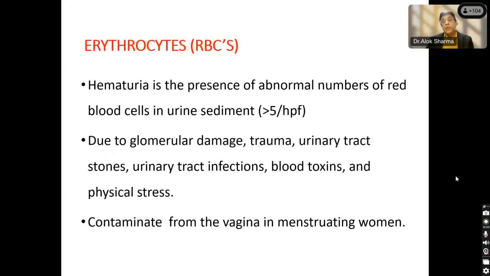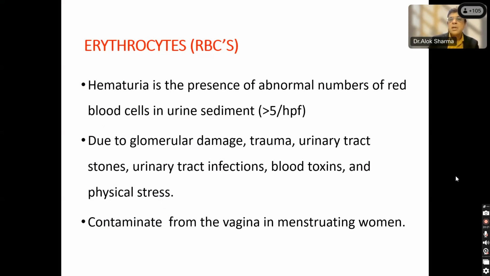Now, erythrocytes, the detection and analysis of RBCs is perhaps one of the most important parts of doing a urine examination. Many times, it's not just the number or the casts, you also have to look at the morphology of the RBCs. If you really want to define hematuria, I told you, it's more than 5 per HPF.